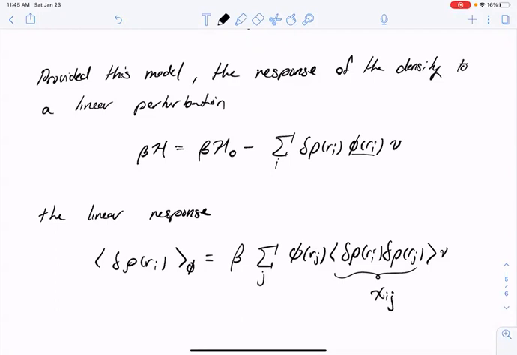So that correlation function that tells us how density fluctuations depend on each other, chi ij, enters in directly.